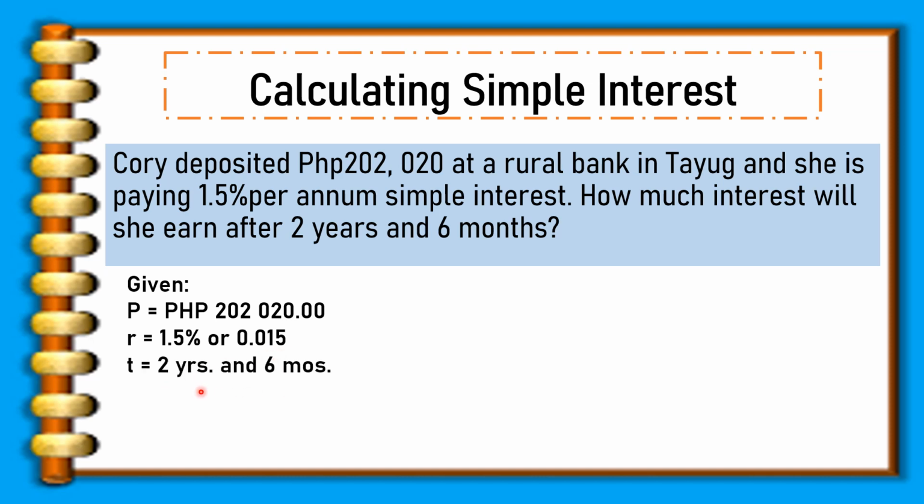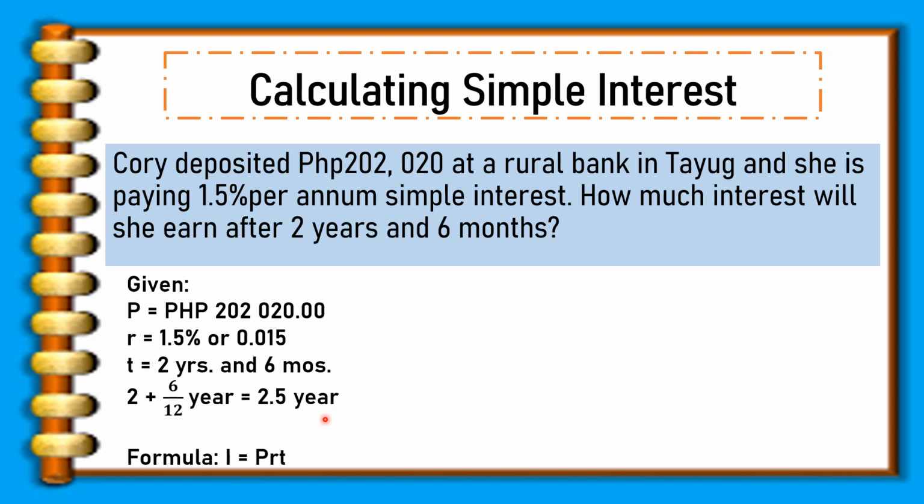Since 2 years is already expressed in years, we will just convert 6 months into a year. Simply divide 6 by 12, which results to 0.5. 0.5 plus 2 is equivalent to 2.5 years.